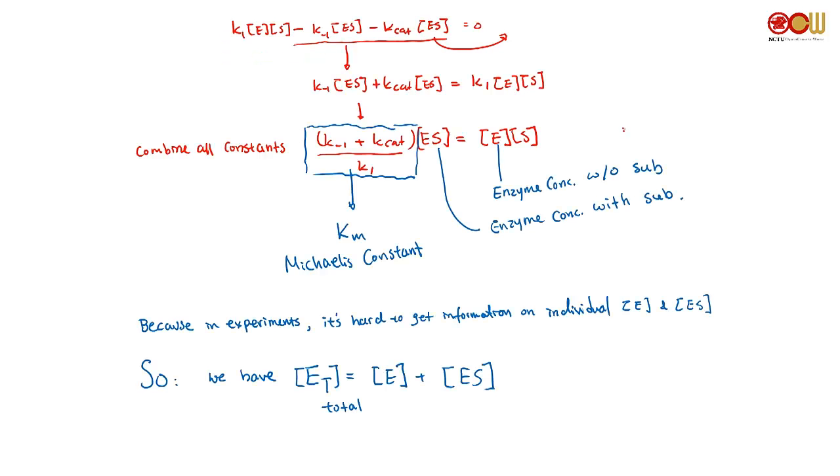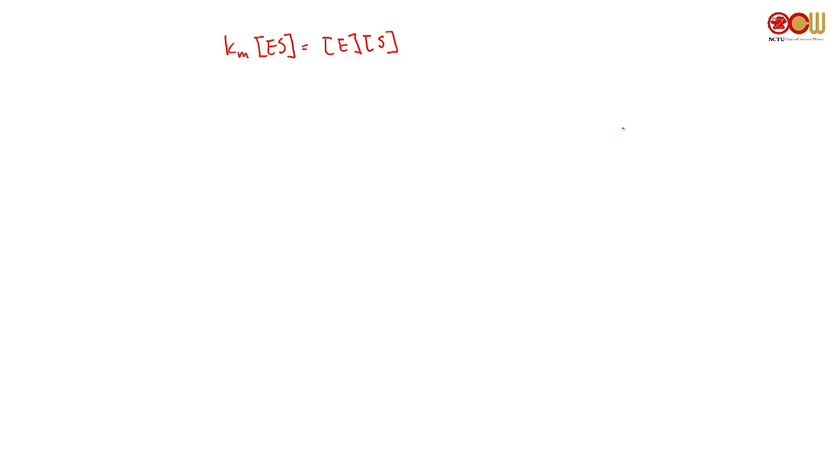Now, again, we have Km, ES is equal to E times S. So from here, we got this. And then we know that enzyme total is equal to E plus ES. Guess what I want to do? Take a guess.